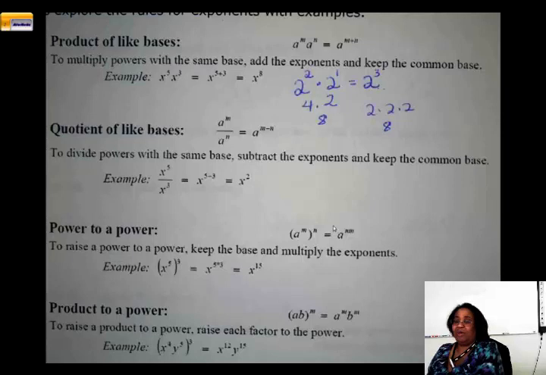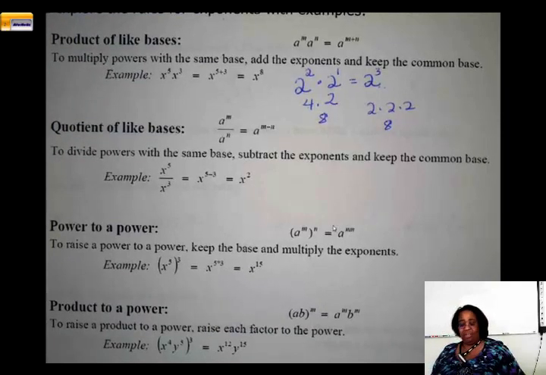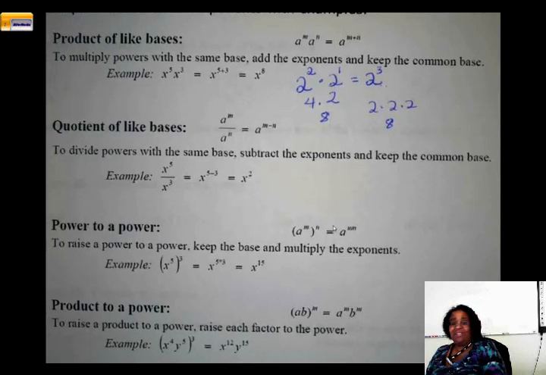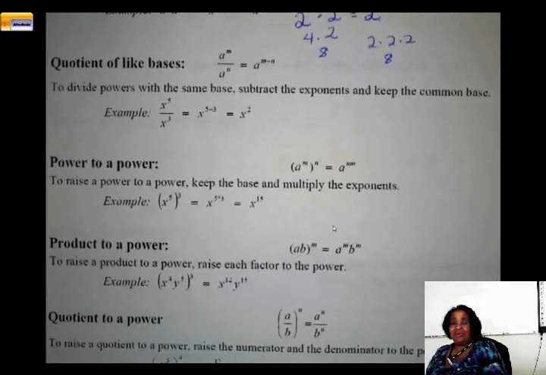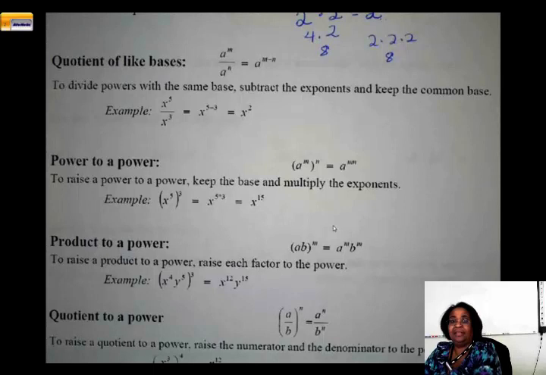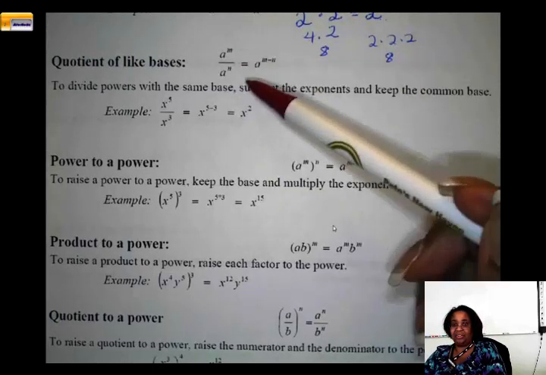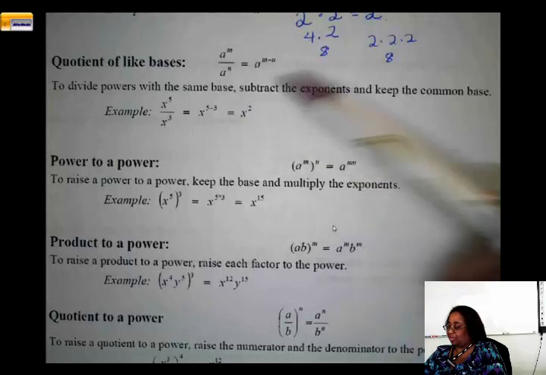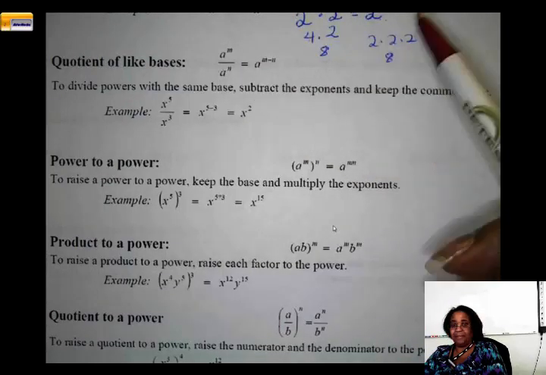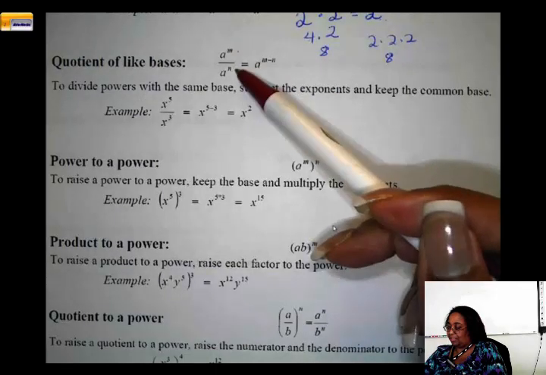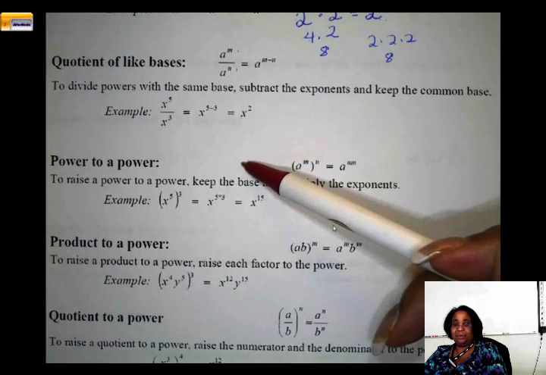Now, if I'm going to be adding when I'm multiplying the same base, what do you think is going to happen when I'm dividing? Subtraction. You're going to subtract. So that's the next rule. The next rule says, if you are dividing something that looks like a fraction, it can look like a fraction or it could be written horizontally, you're going to take the top number and subtract the bottom number when it comes to the exponents.